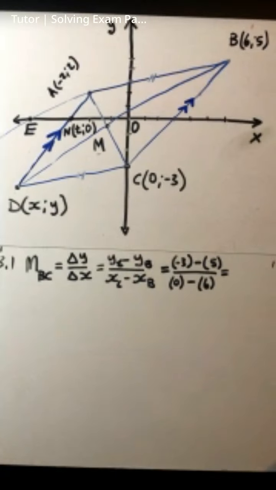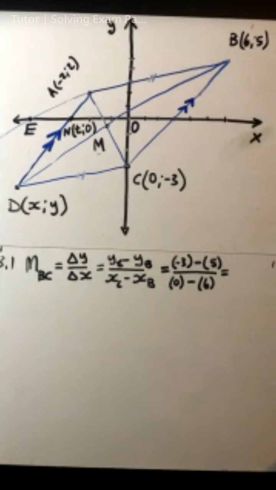4/3, right? Okay, great. So the gradient of BC is equal to 4/3.